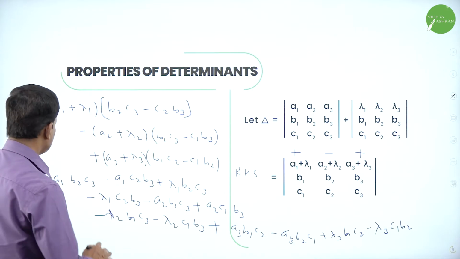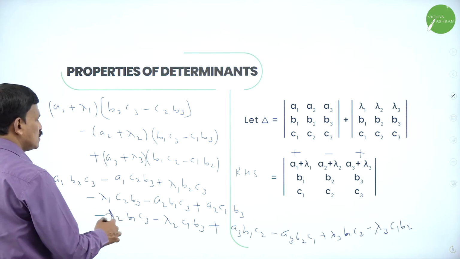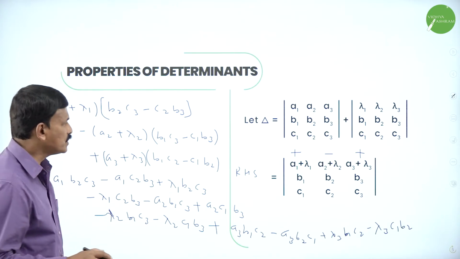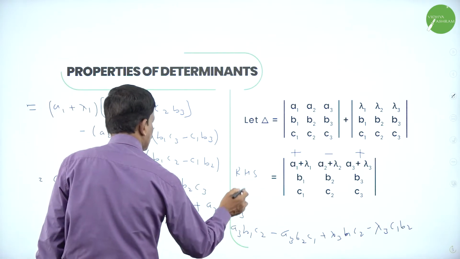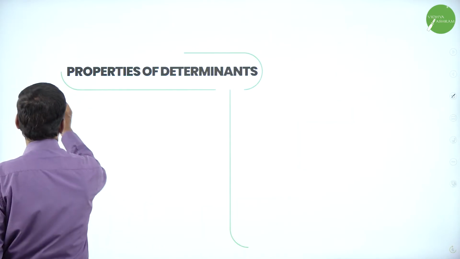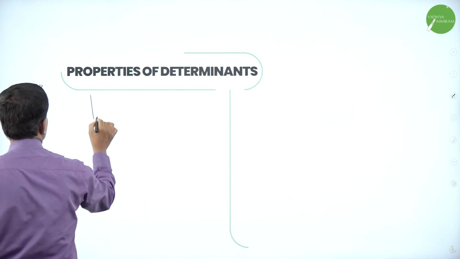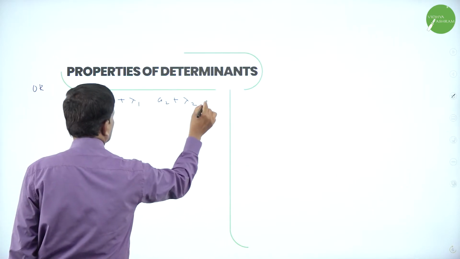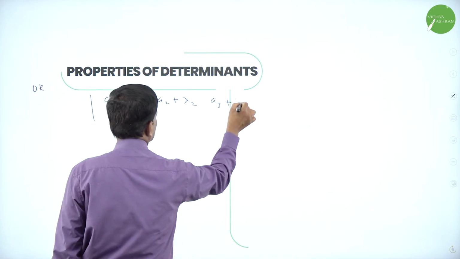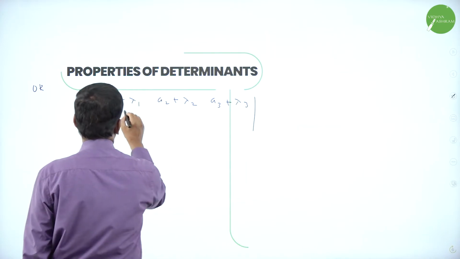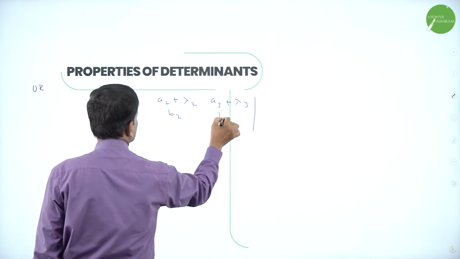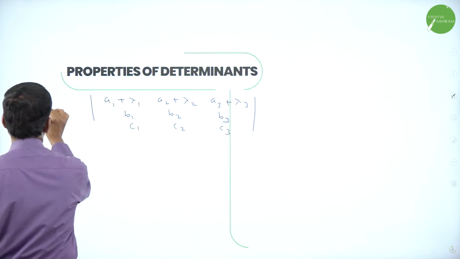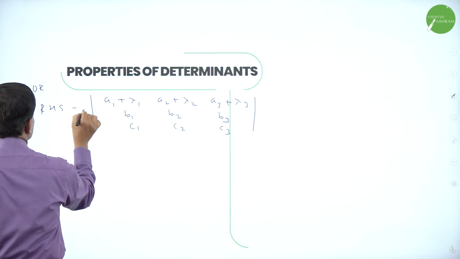Now, this can also be written another way, another method to expand this. Let me expand like this, or you can verify like this: A1 plus lambda 1, A2 plus lambda 2, A3 plus lambda 3, B1, B2, B3, C1, C2, C3. This is RHS.